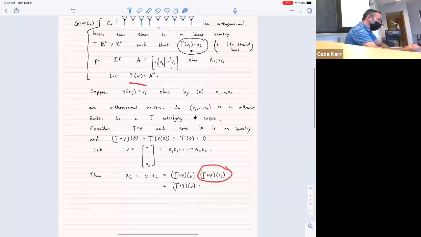Well, we assumed that phi of EI is VI. We said there is some T such that T of VI equals EI. So phi is going to send EI to VI, and then T will send it back to EI. So this is just EI.